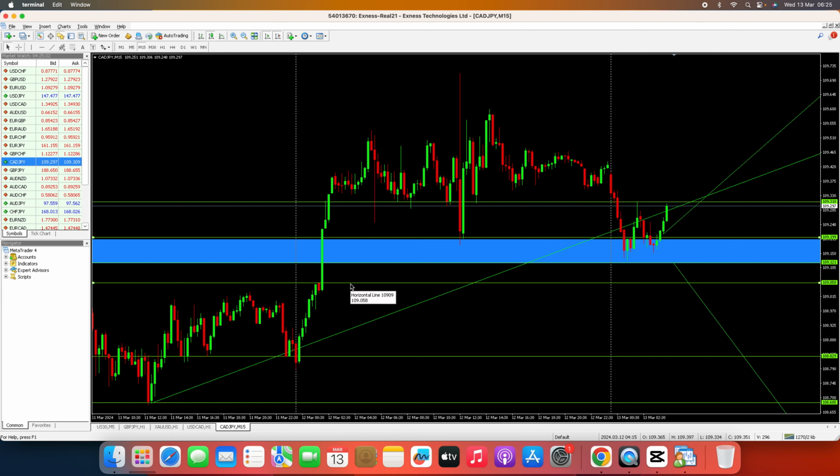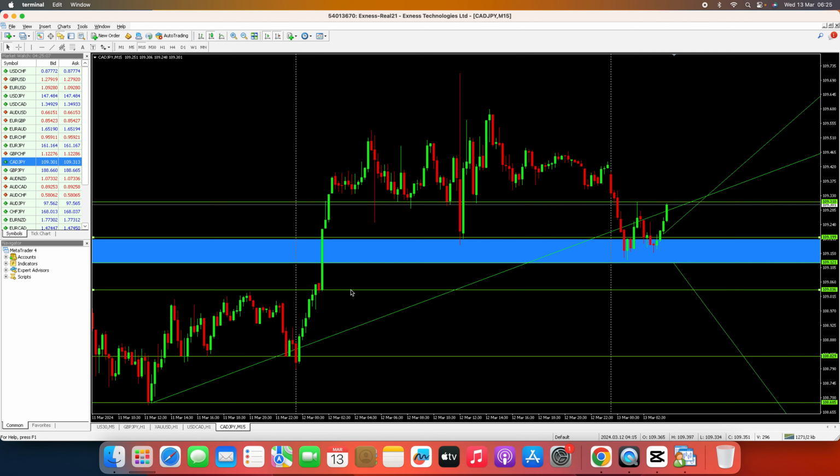The reason I'm not looking into it is because it's too close to that entry, but you can look into this price level because you see there was some form of reversal and a bit of rejection previously in that area.